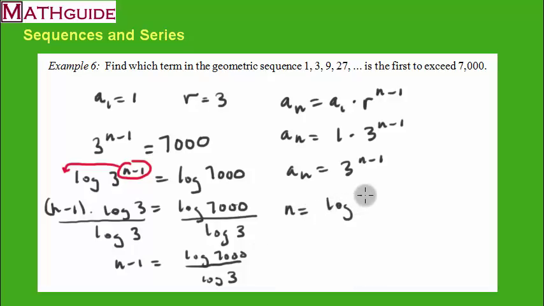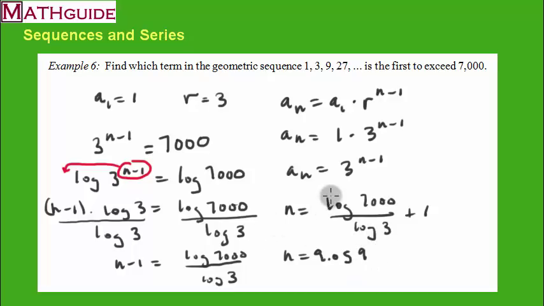So you take this log of 7,000 over log of 3 and add 1 to it. Now you throw this into a calculator to get the result. So the calculator says 9.0589.